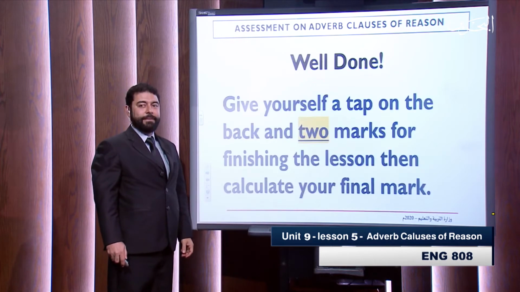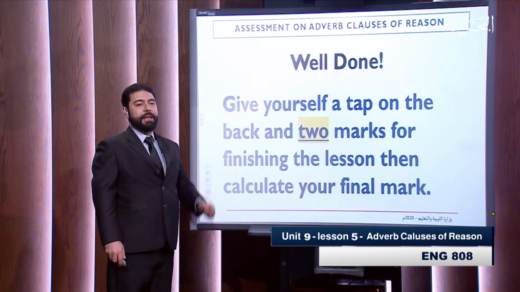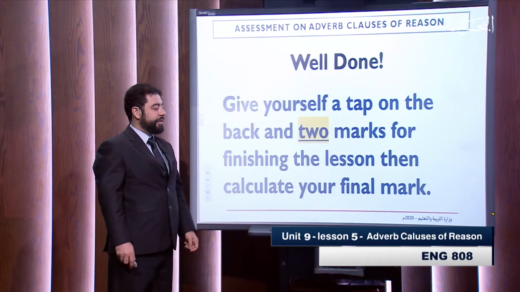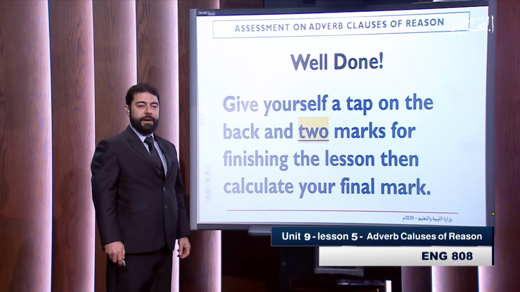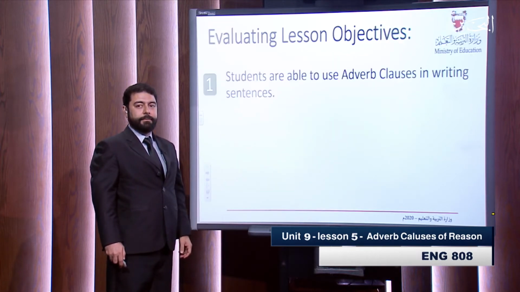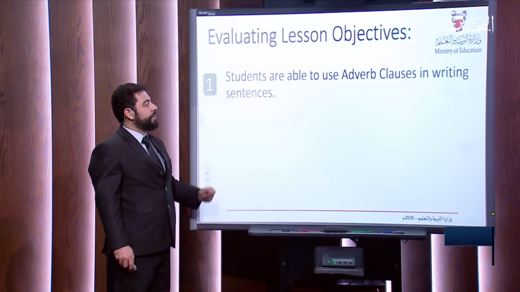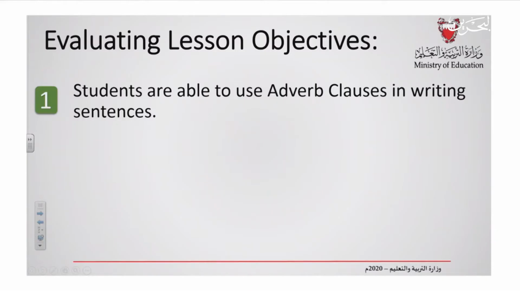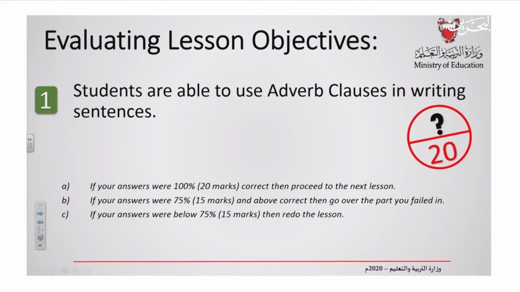Well done. Tap yourself on the back and give yourself 2 marks for finishing the lesson and calculate your final mark. Now, you are able to use adverb clauses in writing sentences, and you have a mark of 20. If you have 100% correct answers, that means 20 marks, then you can proceed to the next lesson.